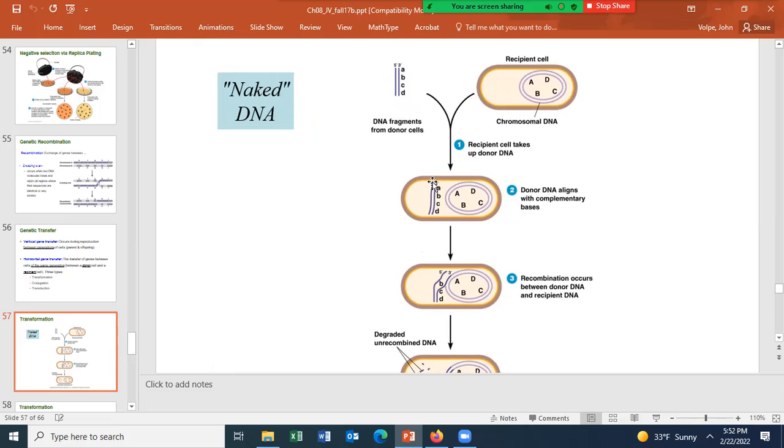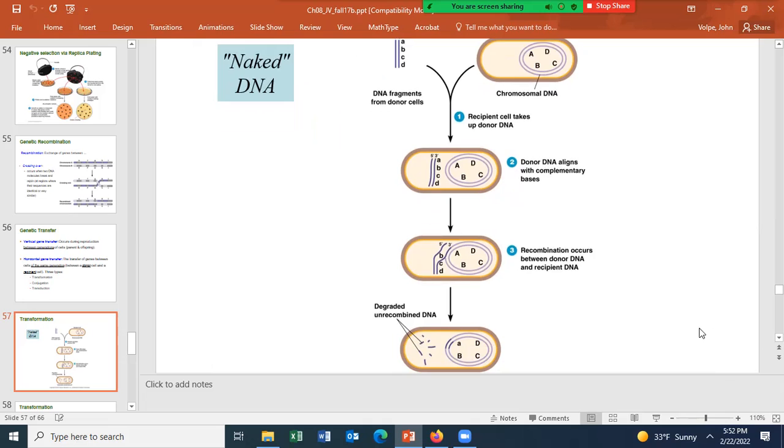And then this DNA can recombine with the portion of the chromosome, which normally had a capital A, and then that recombines with the DNA that came into the cell. And now the capital A is removed from the chromosome, and the lowercase a came into the cell.